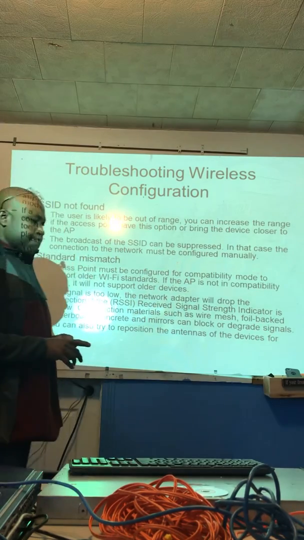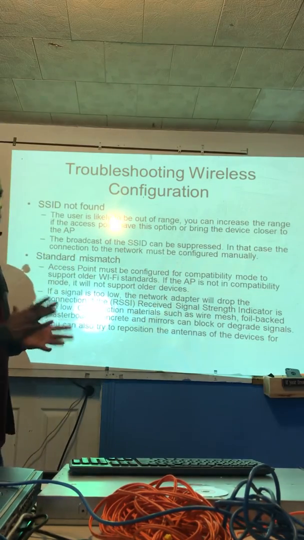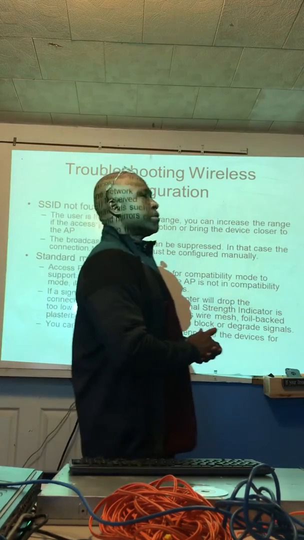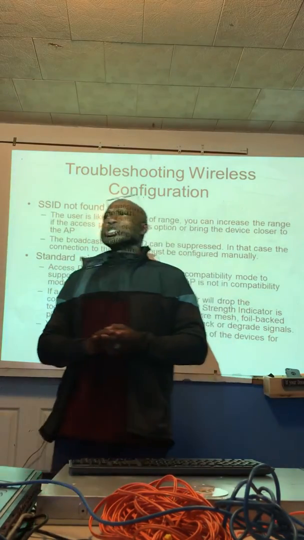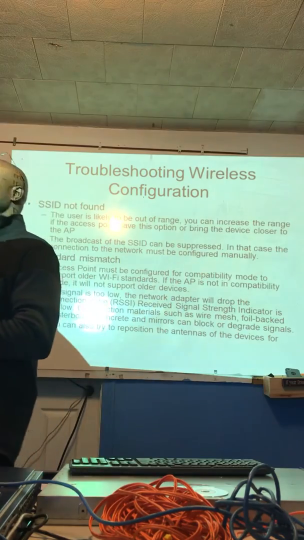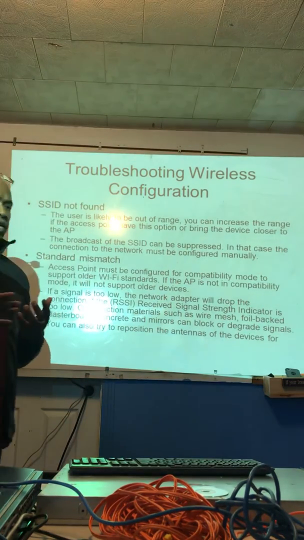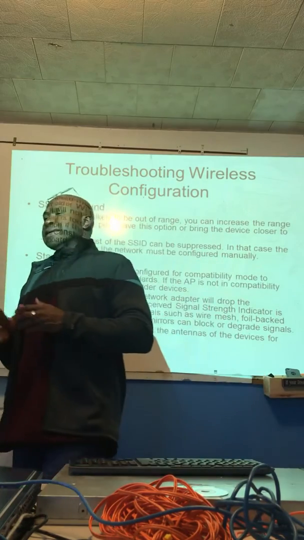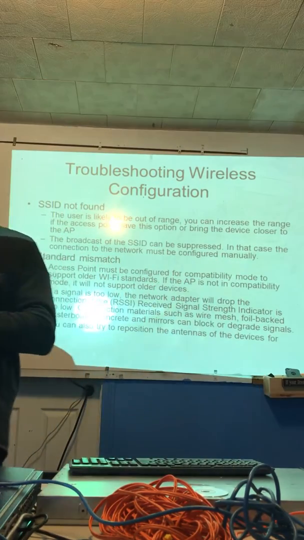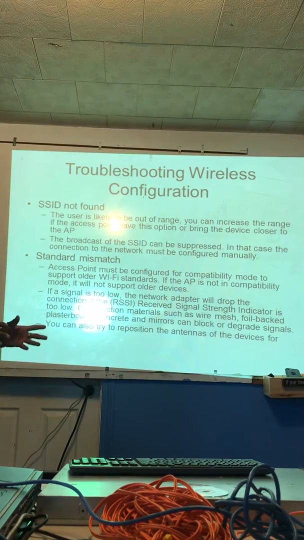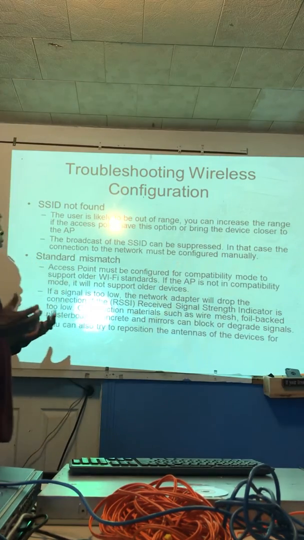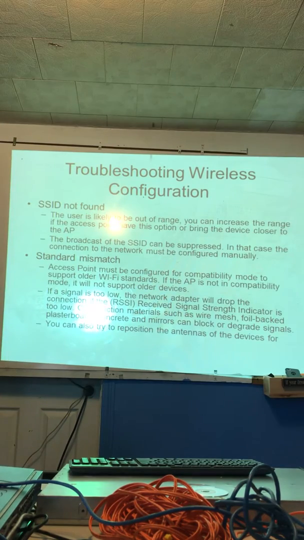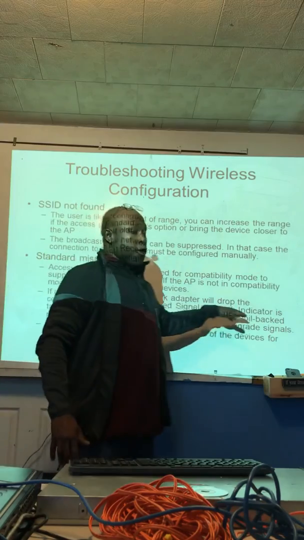And there are a few things that I want to bring to your attention. In some places, based on the material they use in the construction, you may have a slow wireless signal. For example, if a building uses construction material such as plasterboard that has a foil back.